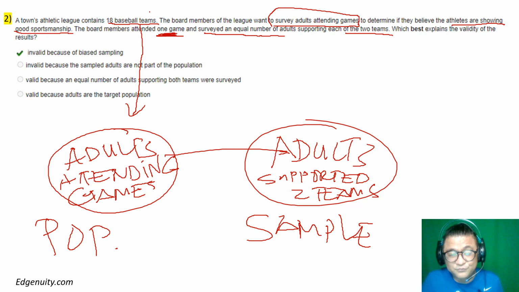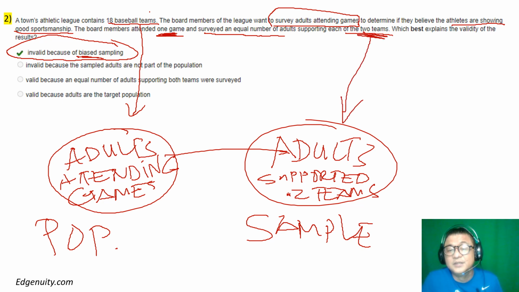They're for these two teams. What do you think would their results be? They would say good things about these two teams. Is that biased? Yes. It is invalid because of the biased sampling. You only use two teams and they like those two teams, therefore they will speak good things about them. So that's the correct answer.